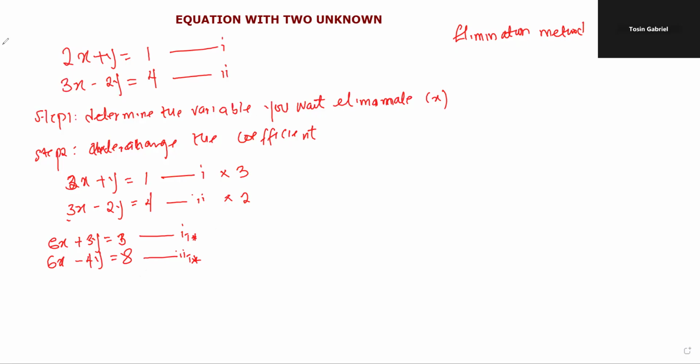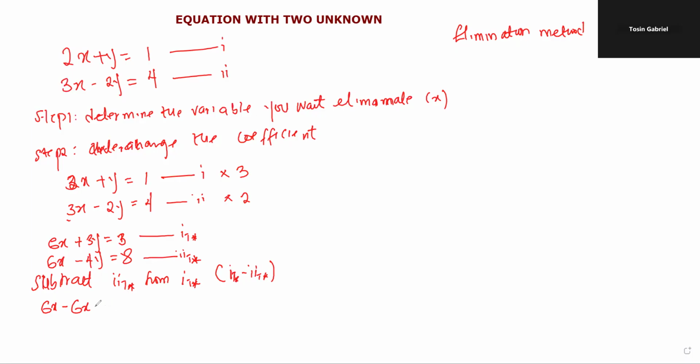So the next thing is you subtract. You subtract either 1 from 2 or 2 from 1, whichever one. Let's say I'm subtracting 2 from 1. It means 1 transform minus 2 transform. For the value of x, I'm going to have 6x minus 6x.